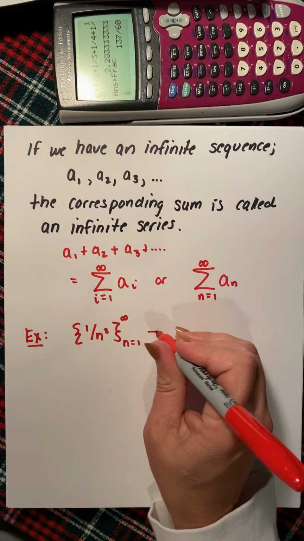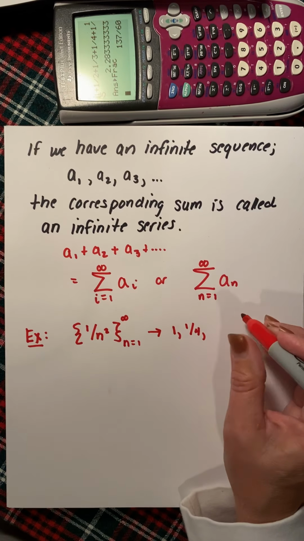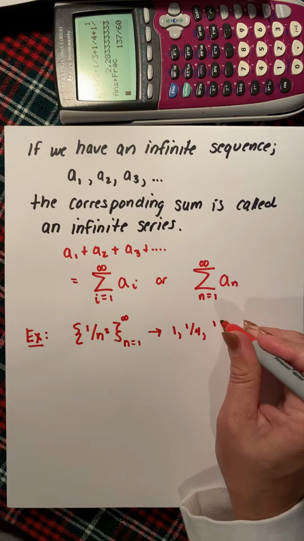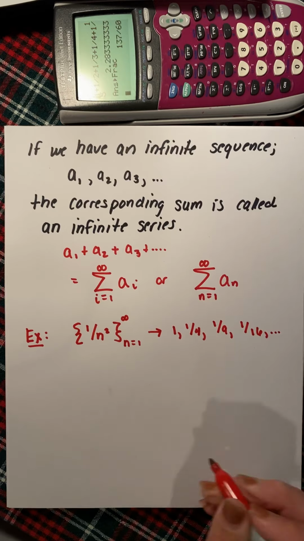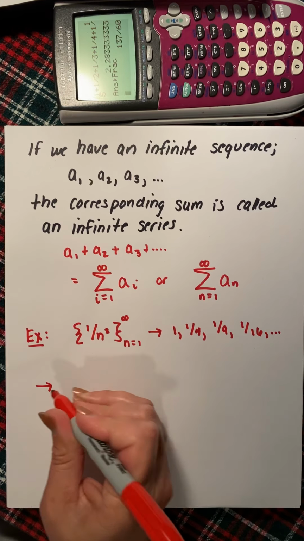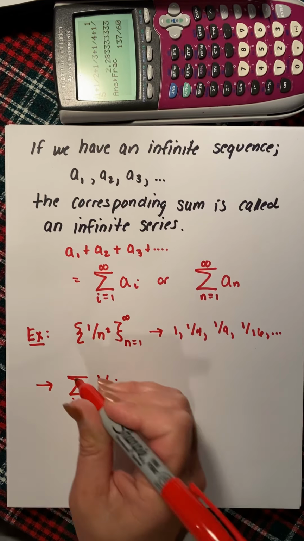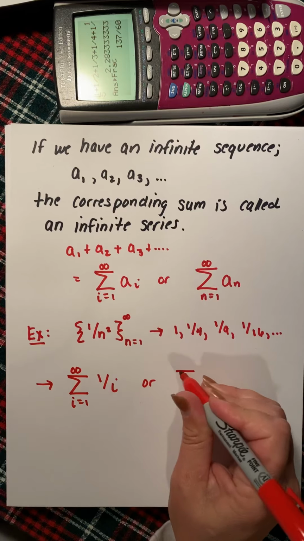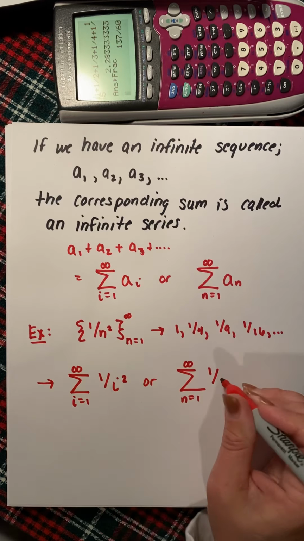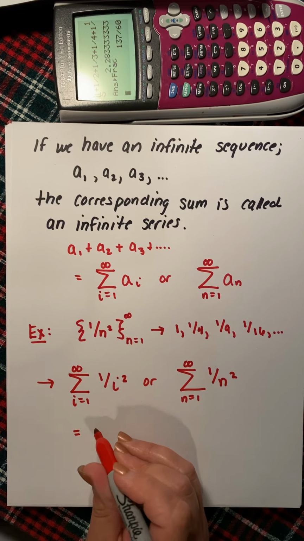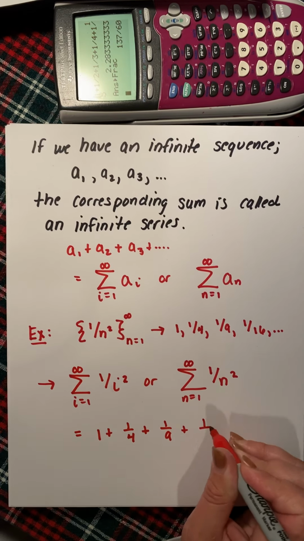All right, so this is going to be 1, 1/4, 1/9, 1/16 forever. So therefore, the infinite series would be 1 over i squared, i equals 1 to infinity, or we could write it as n equals 1 to infinity, 1 over n squared. In either case, we would get 1 plus 1/4 plus 1/9 plus 1/16.